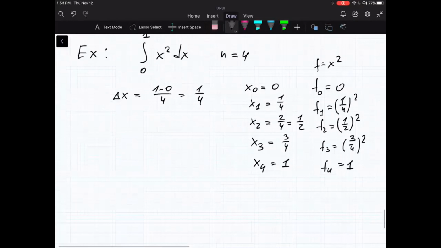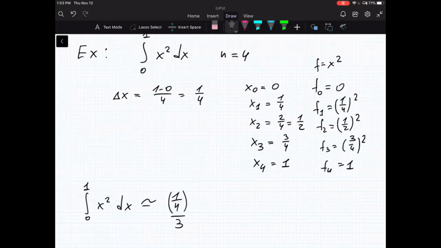And so I can use Simpson's rule and get that this integral will be approximately, first of all, delta x divided by 3. So I have 1 over 4 and also divided by 3. Then my coefficients: 1 times f0, so 1 times 0. Then I have alternating 4, 2, 4, 2, and so on.